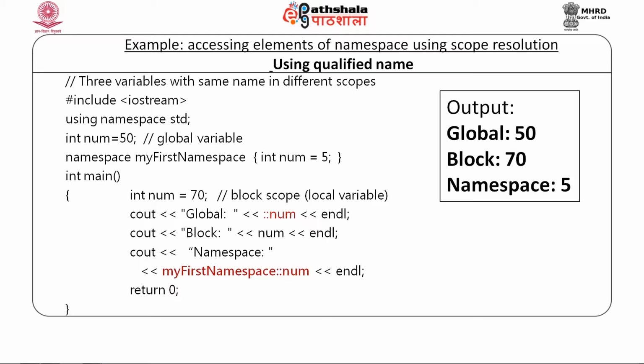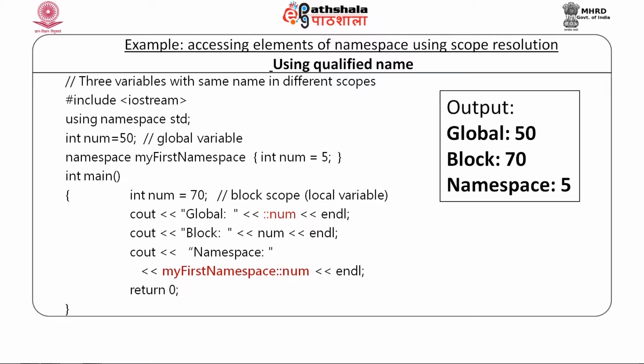Now, how to access these elements then? Global can be accessed using the scope resolution operator :: without preceding anything, without preceding the name of the global namespace. So, we have used ::num.